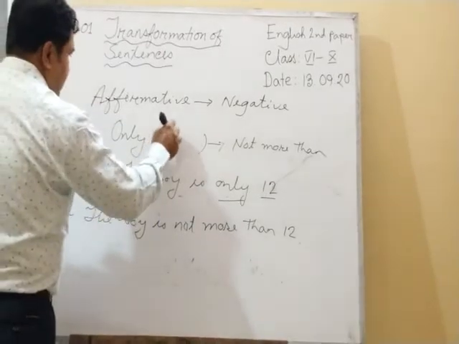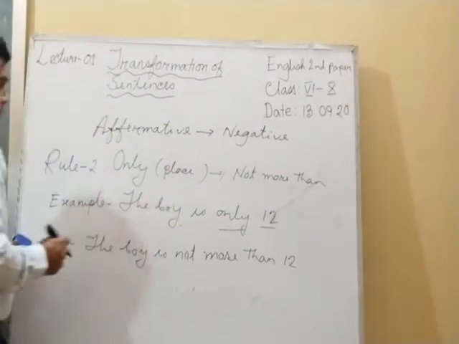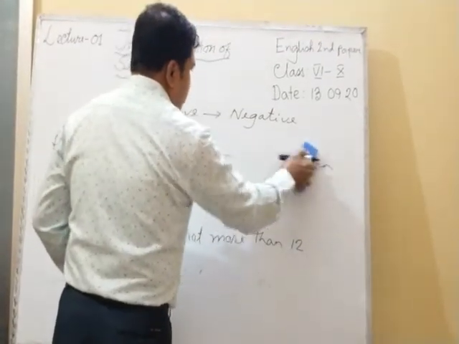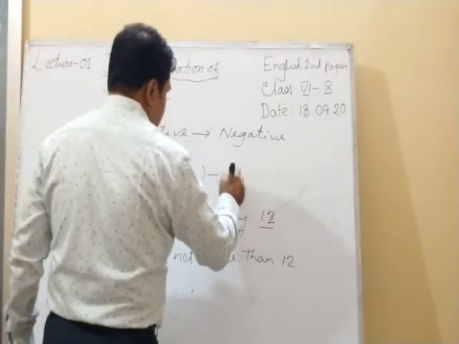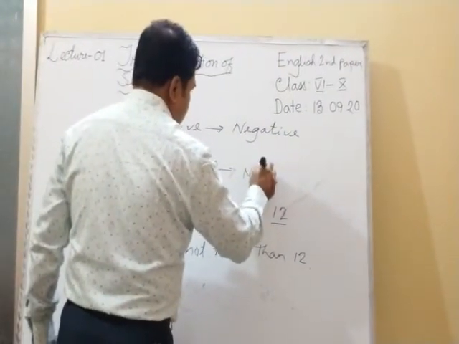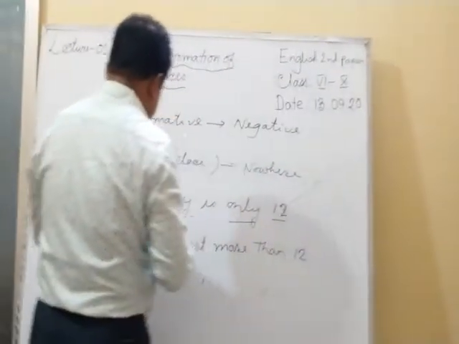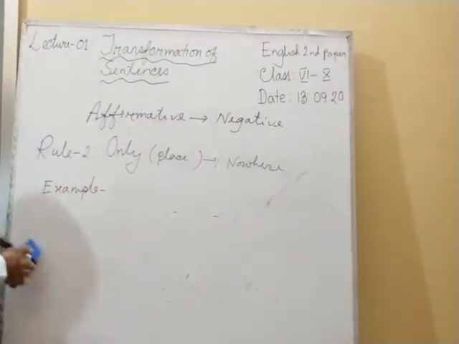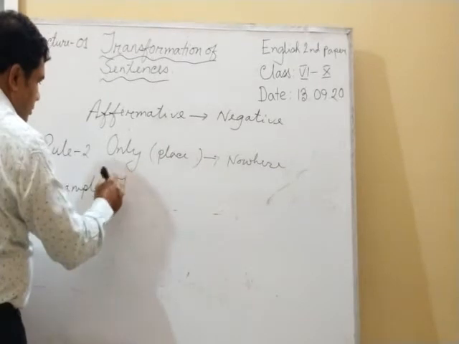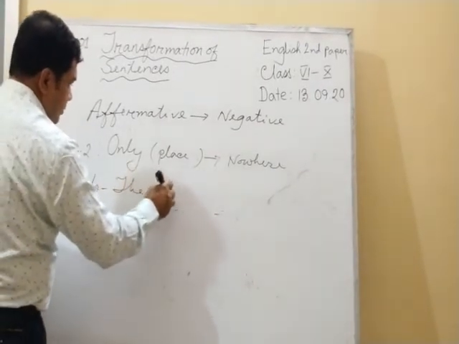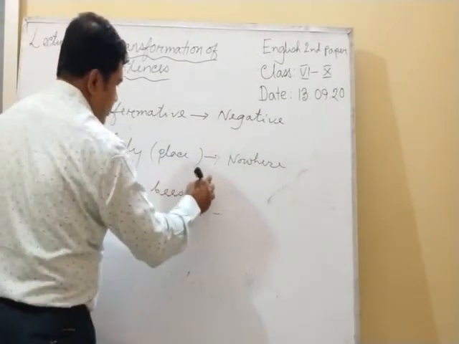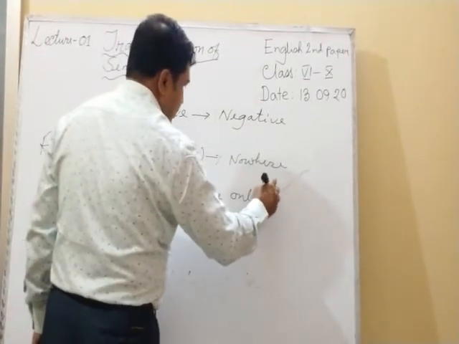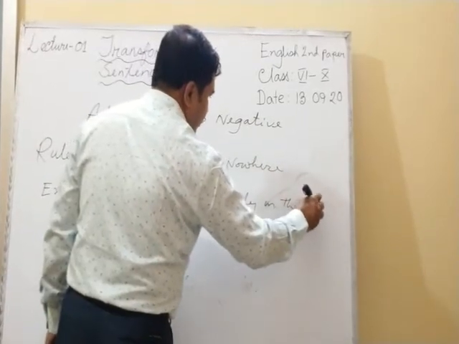Only place. If only means place, then we will use nowhere. The bees live only in the hive.